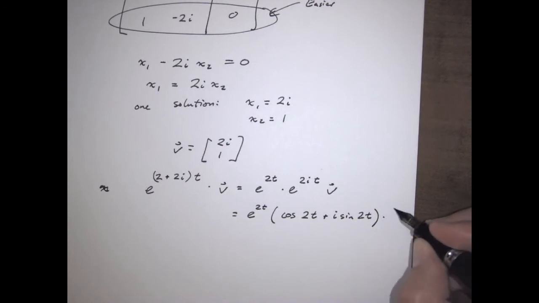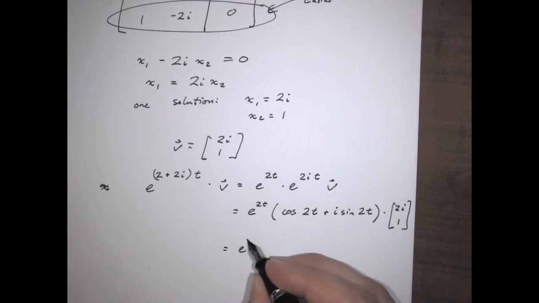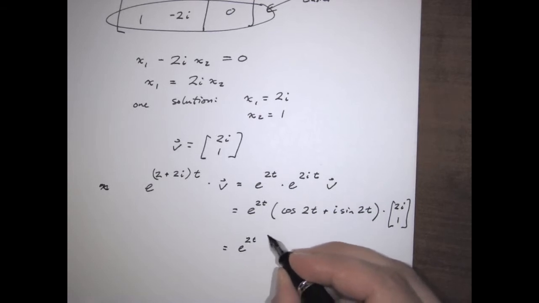And then that is times what we said of 2i and 1. And then that's going to be e to the 2t, which we'll leave out there.